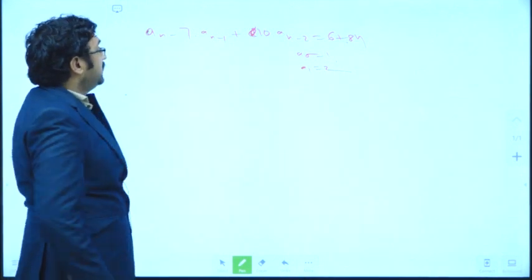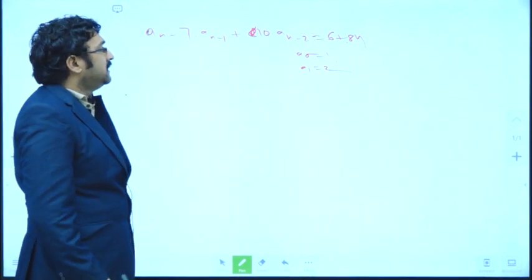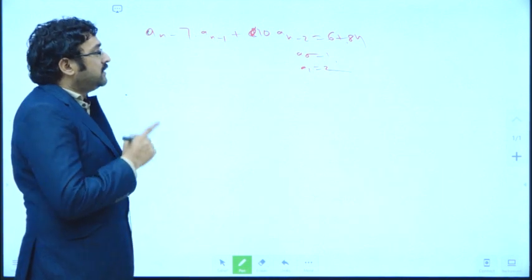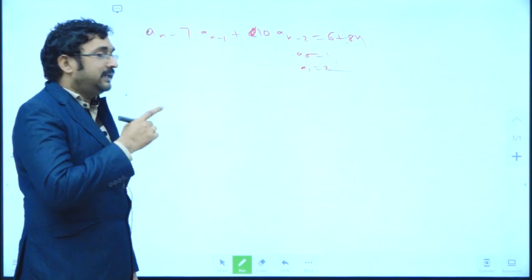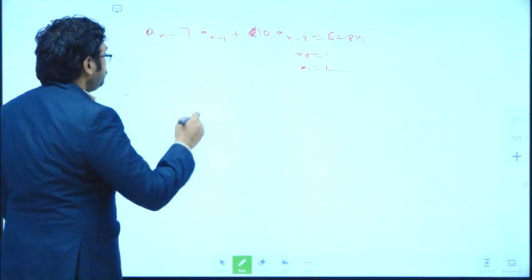So the next problem is a n minus 7 into a n minus 1 plus 10 into a n minus 2 equals 6 plus 8n with initial conditions a naught equal to 1 and a1 equal to 2.